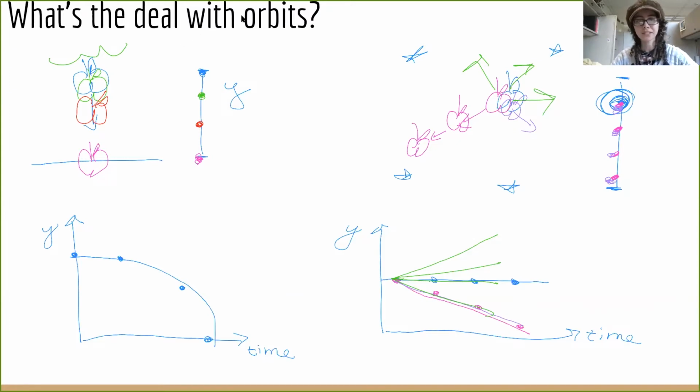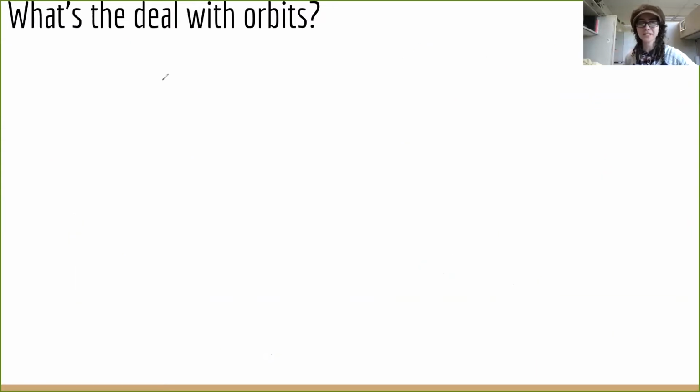So what if you don't like apples, right? And you want to try this experiment with a different object, like a bowling ball, say, because bowling balls are cooler. I don't know. I don't like bowling very much, but I'm sure someone does. So what'll happen if you do this experiment again with a bowling ball?